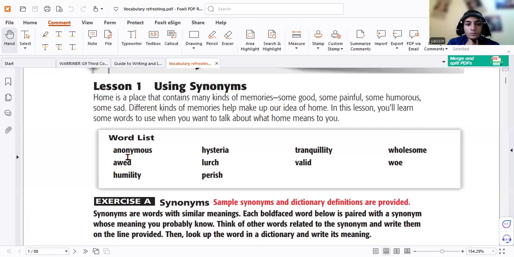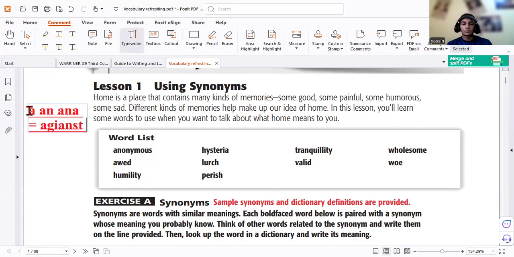When I tell you to study lessons 1 and 2, remember, every session we revise 3 lessons. So every session you already know that you have 3 lessons of vocab. But later we'll study some techniques to help us know more about the vocab. How? So easy. You know in English, anti means against.